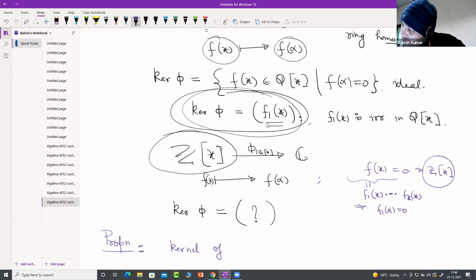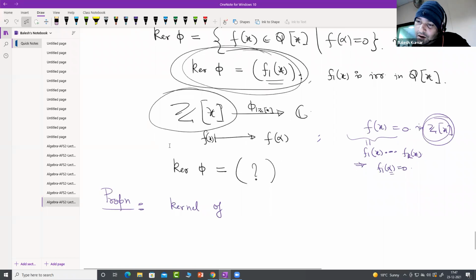If alpha is a root, so is primitive. So we can deduce that alpha is also a root of a primitive irreducible polynomial with integer coefficients, and that's exactly the kernel will be generated by precisely that element.